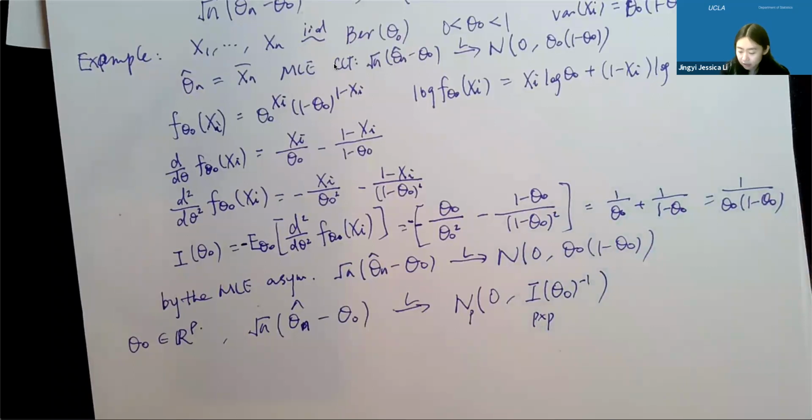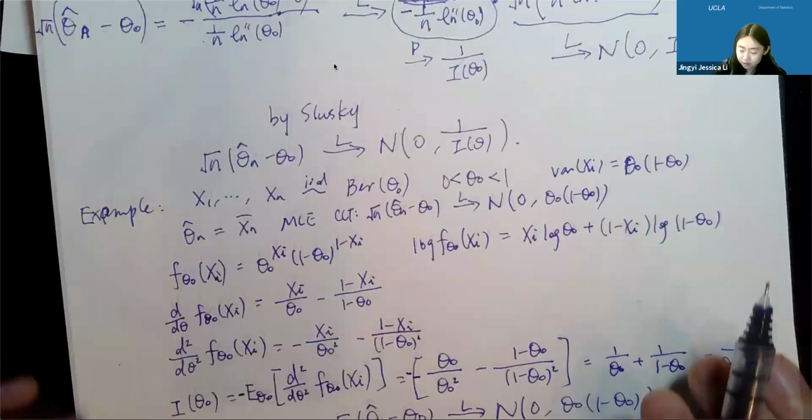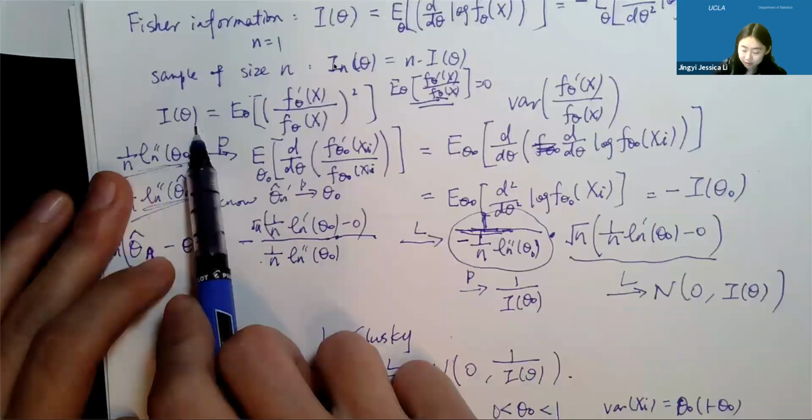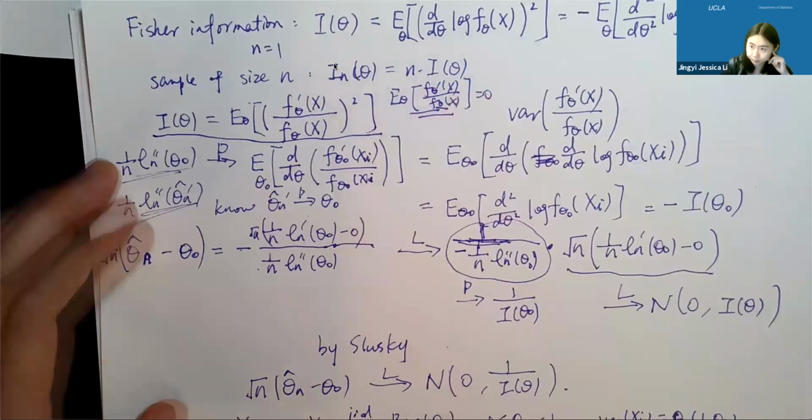So that's it. And what else do I want to say? Maybe I can say something about the interpretation of Fisher information. Why does it make sense? I think looking at it this way will help us evaluate it. So think about this way of writing the Fisher information.